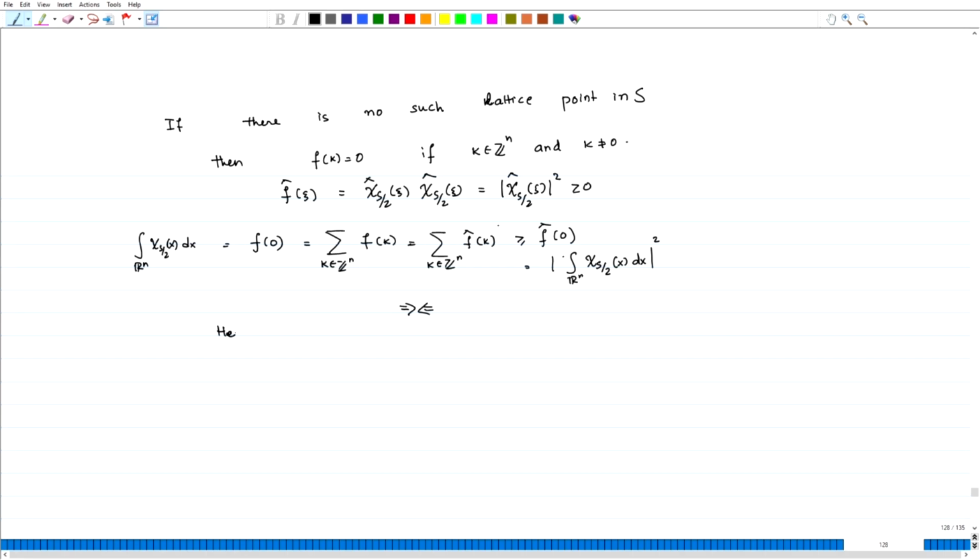Hence, S will definitely contain a lattice point other than the origin.